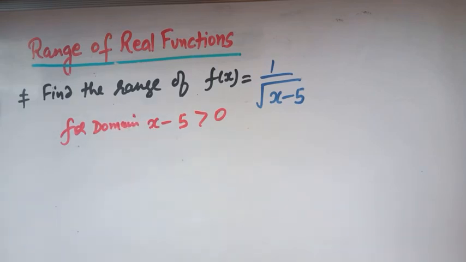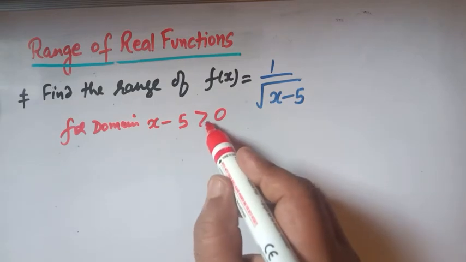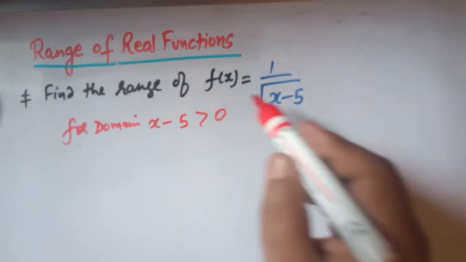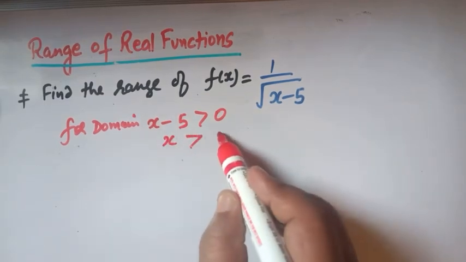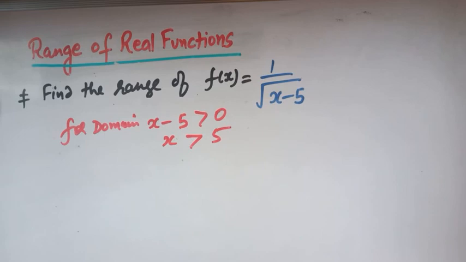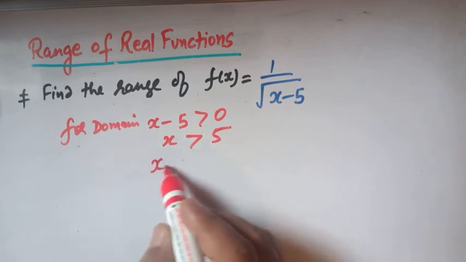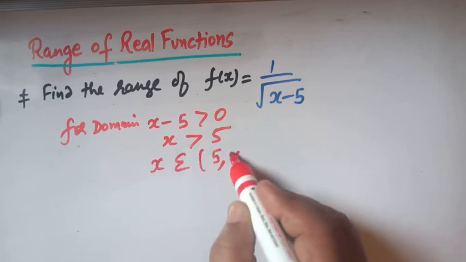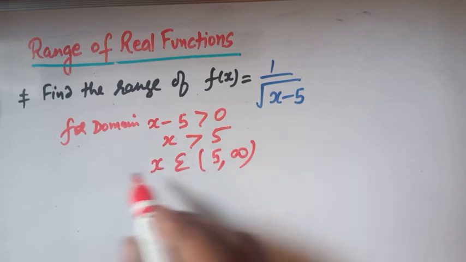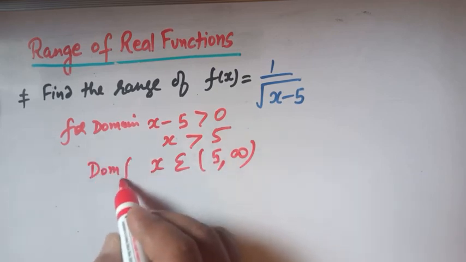We cannot write here the equality sign, because in that case also f(x) will become infinite or not defined. So x is greater than 5. Clear? So what is the domain? The domain is x belongs to (5, infinity). So this is the interval, and this is the domain of f.